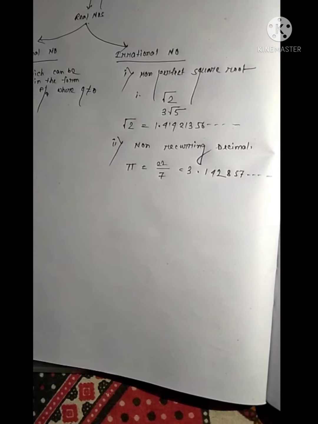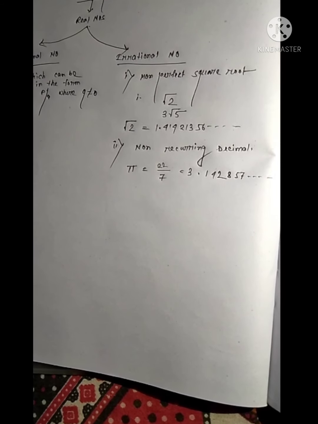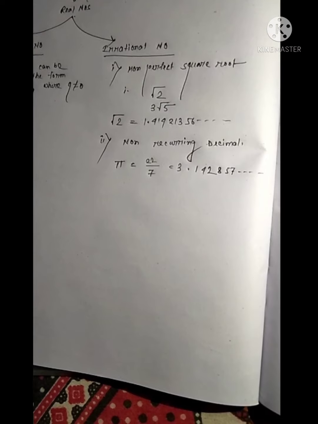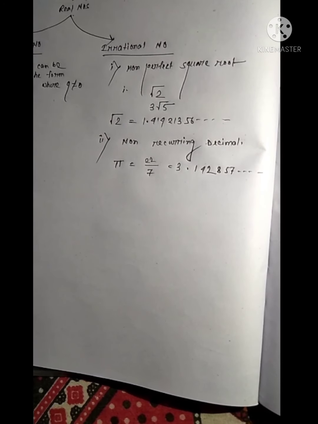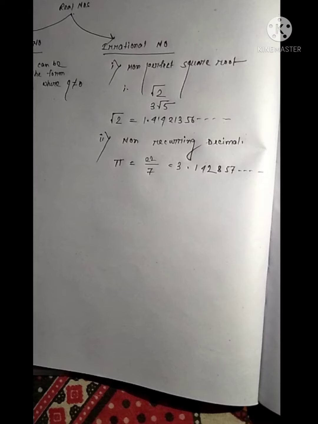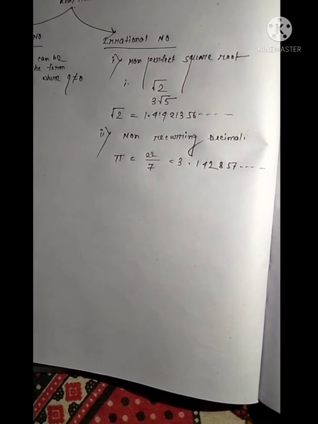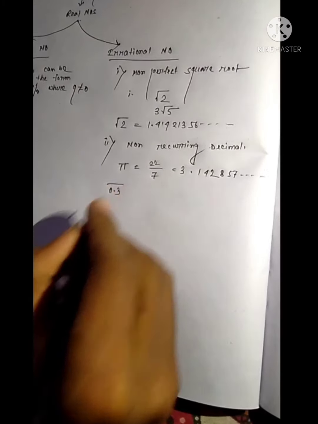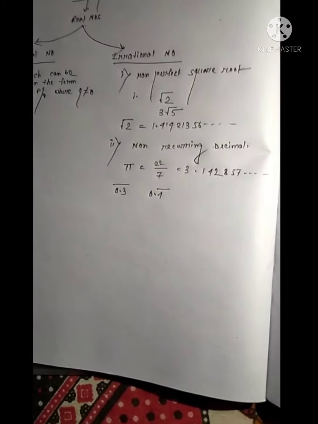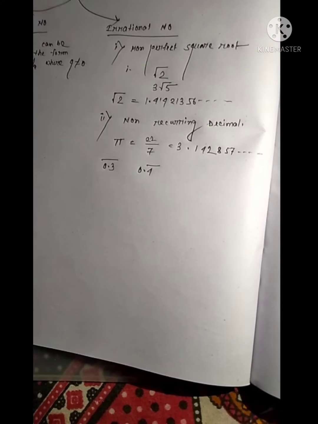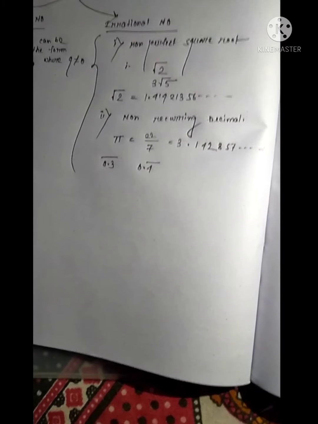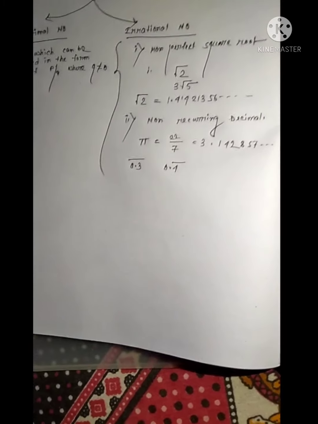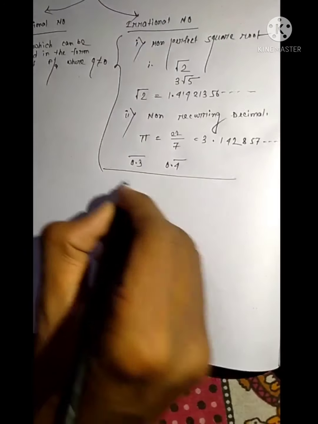That means it has no perfect value. So it is also an irrational number. So you can say an irrational number has no perfect value. All the numbers with bar, like 0.3 bar, 0.4 bar, these all are irrational numbers. So that means all the numbers except irrational numbers are rational numbers. Except irrational numbers, all numbers are rational numbers.